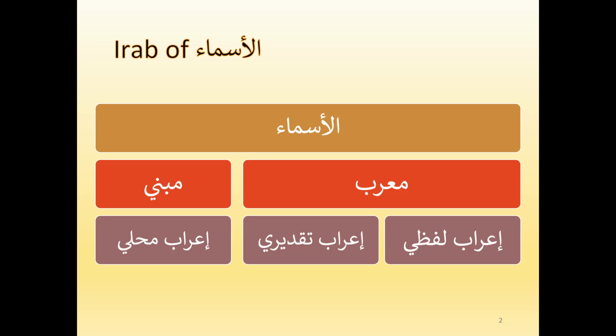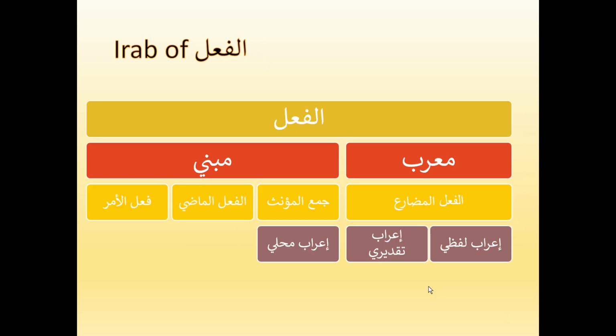Then we have the fi'il. Not all the time do they have i'rab. We have two categories again, either they are mu'rab or mabni. And when it is mu'rab, it is the mudari that we are looking at. It's either lafzi or takdiri, for the same reasons that I mentioned in the case of the nouns.